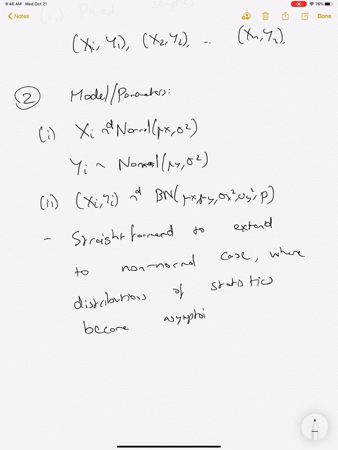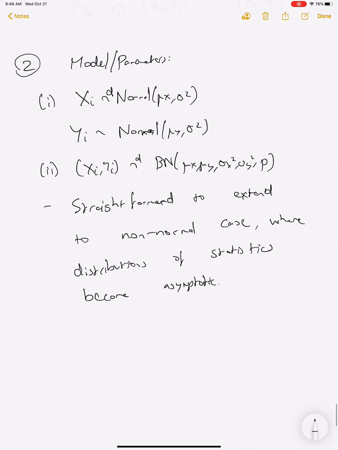So everything basically stays the same, but you don't have these nice closed form representations of the distribution like we do in the normal case.